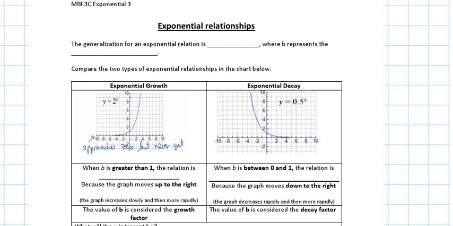Exponential relation, so we've already seen it and looked at its characteristics, but we're going to explore it in more detail. We said that the general formula of an exponential relation is y equals a b to the power of x, where b represents the base, which has another name. It starts with an R, ratio.